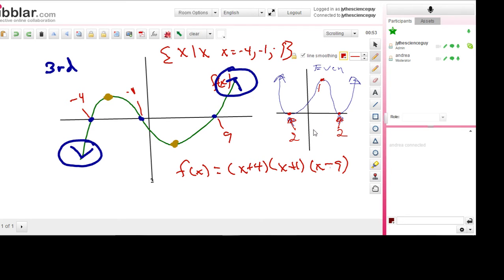Well, 2 plus 2 is 4. 4 plus 1 is 5. So even though there's 3 turning points there, in order to find the degree, you have to give multiplicity to the ones that touch the axis. So you get a maximum number of 5, so the degree in this polynomial would be 6.